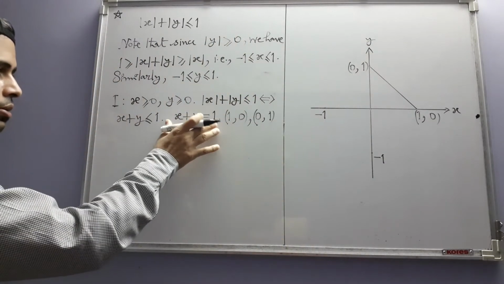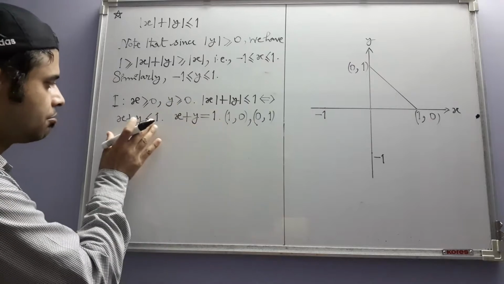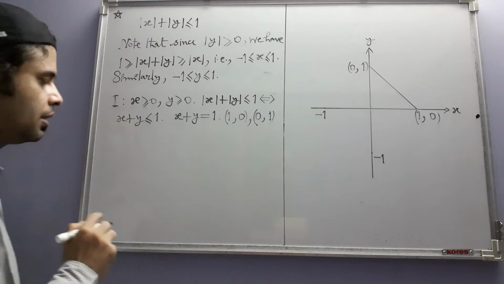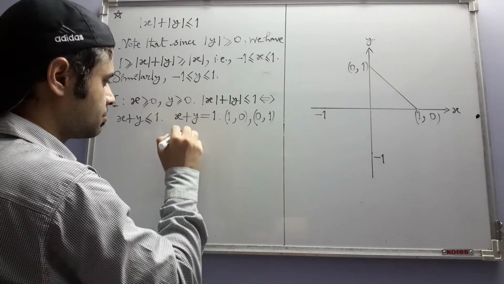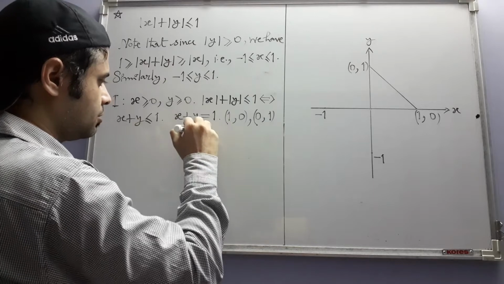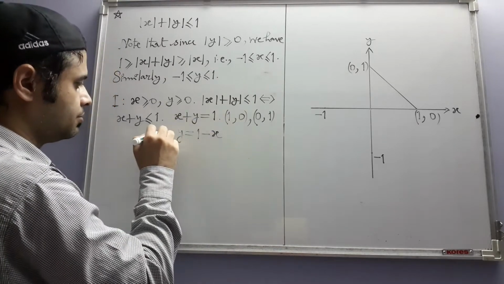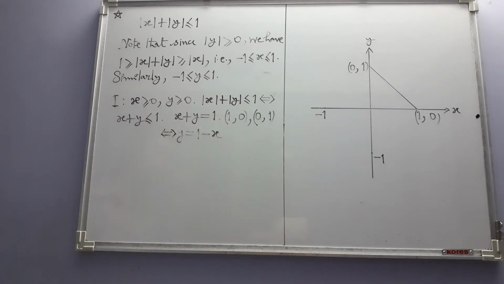But we are not trying to draw the graph of only this line, but rather this inequality. For this inequality, we will write the equation in this equivalent form: y equal to 1 minus x.